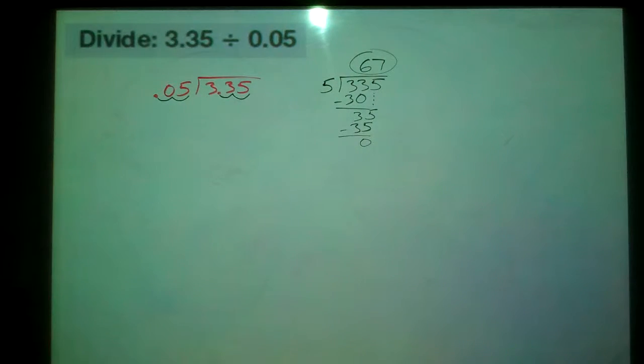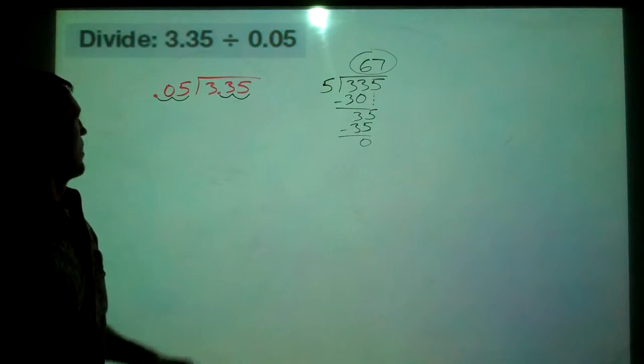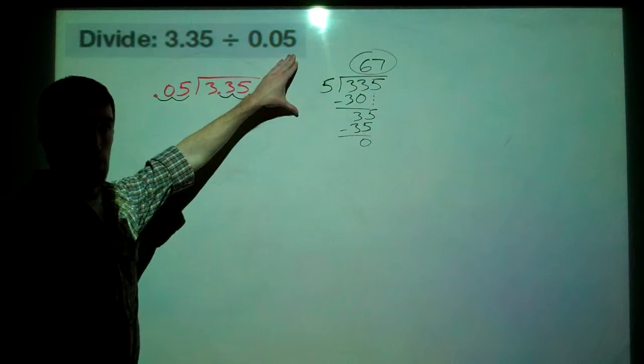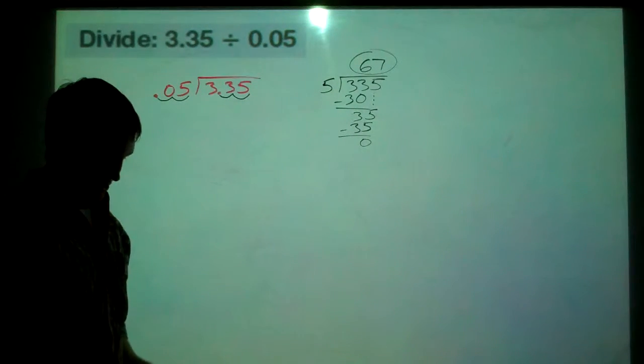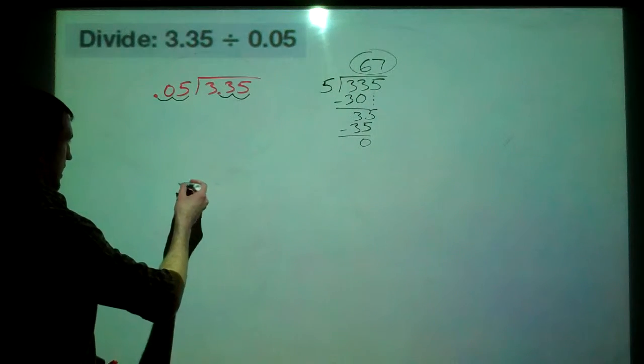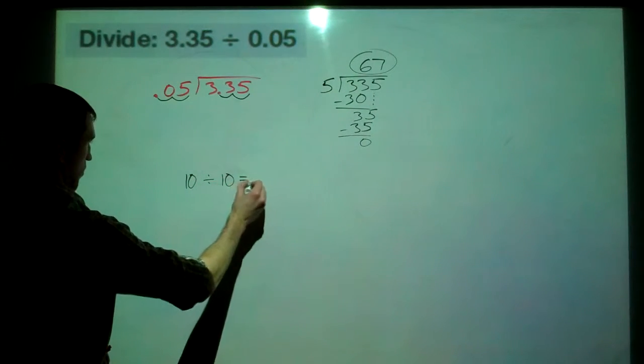So we should see that when we divide by small numbers, we're actually going to get a large number answer. So if we have a larger number divided by a very small number, we're going to get a bigger answer. We could just look at that quick. Let's say we have 10 divided by 10, we get 1.